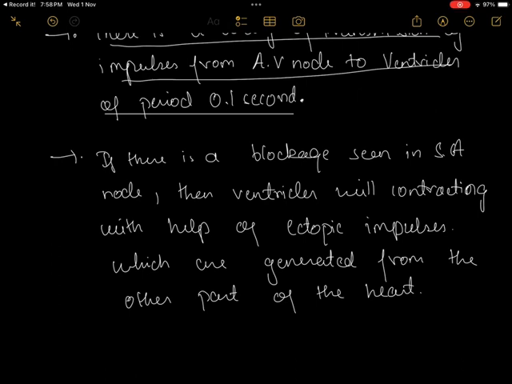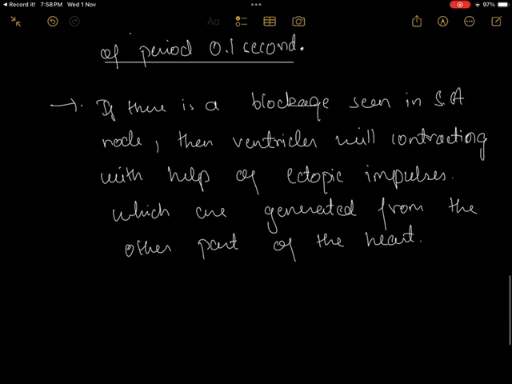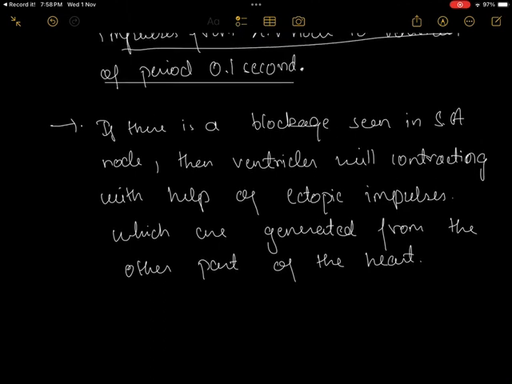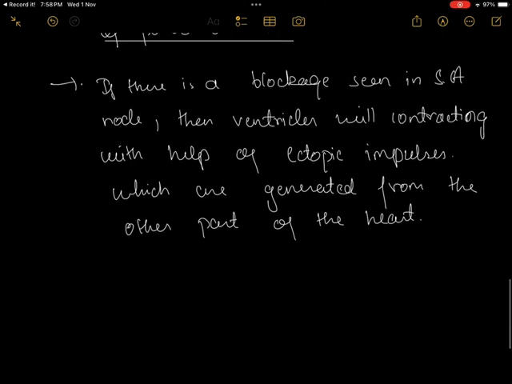But here, even if there is a delay of about 0.1 second in the AV node, the ventricular contraction doesn't bother about the delay, because they are getting impulses from another part of the heart. The impulses which help them to contract are called ectopic impulses.